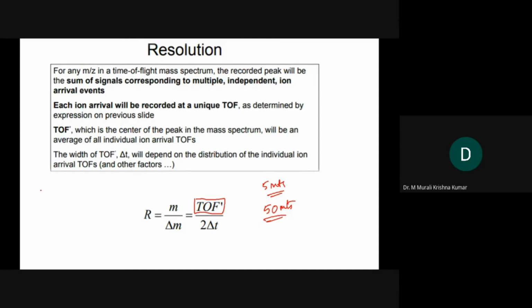That's what we see in a 100-meter race. The first one, second one, and third one hardly differ by 0.01 second. Maybe it is like 9.89, 9.85, 9.83.